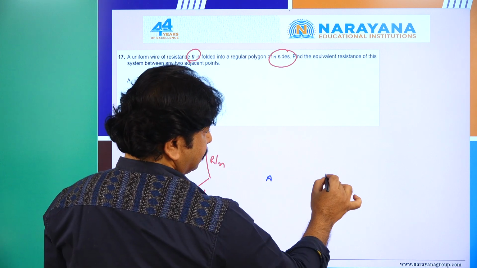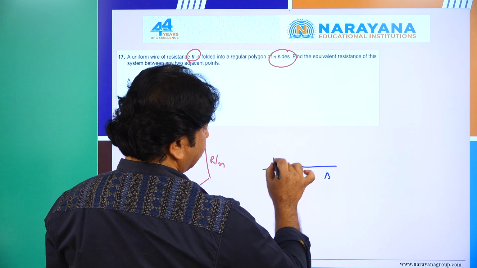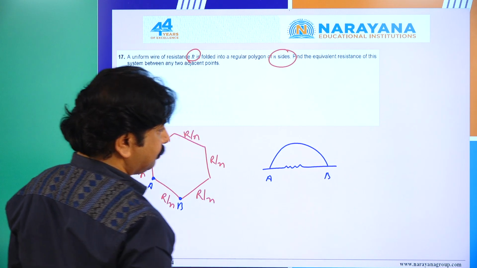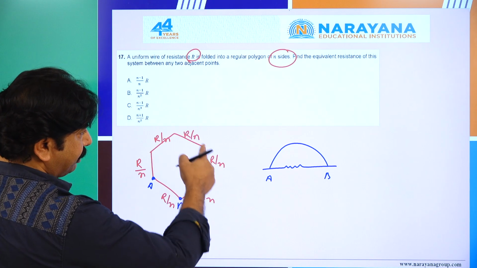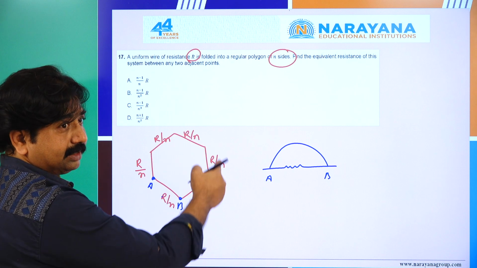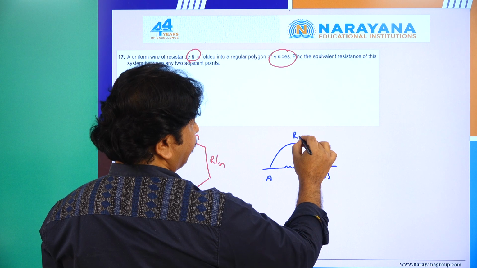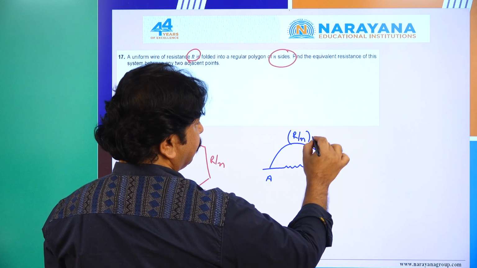This is point A, this is point B. This is one resistance in this direction. What about the remaining resistance? Here this is one side, the remaining sides are n minus 1 sides. So the resistance of the remaining sides is R by n into n minus 1.